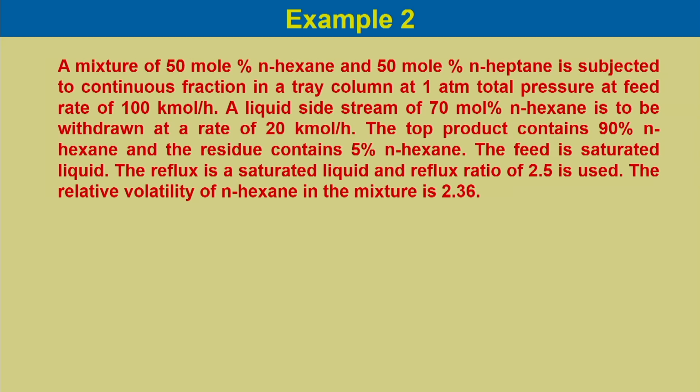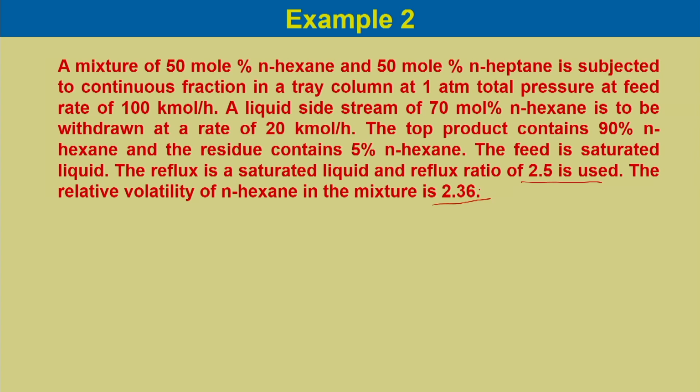A liquid side stream of 70 mole percent n-hexane is to be withdrawn at a rate of 20 kilomole per hour. The top product contains 90% n-hexane and the residue contains 5% n-hexane. The feed is a saturated liquid, the reflux is a saturated liquid, and a reflux ratio of 2.5 is used. The relative volatility of n-hexane in the mixture is 2.36.